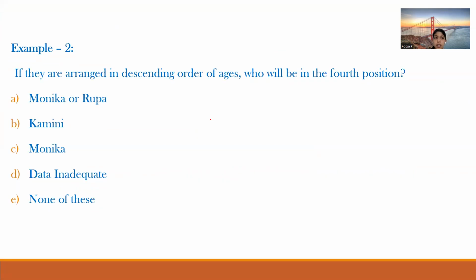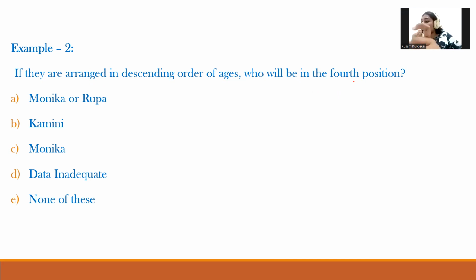The next question. If they're arranged in descending order of ages, who will be in the fourth position? Not ascending, descending. The order I mentioned. Ma'am, it will be data inadequate, because Kamini and Pooja can be both, one of them.